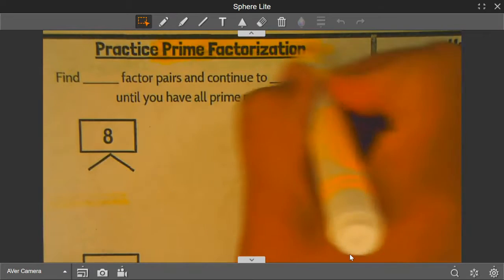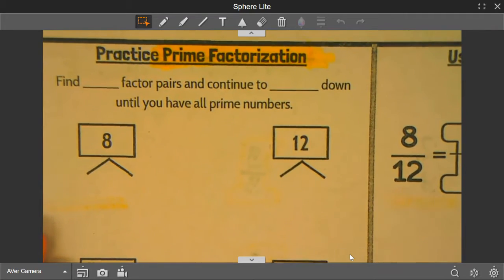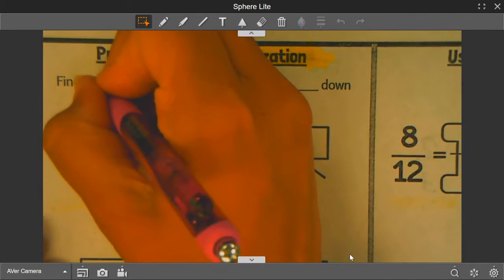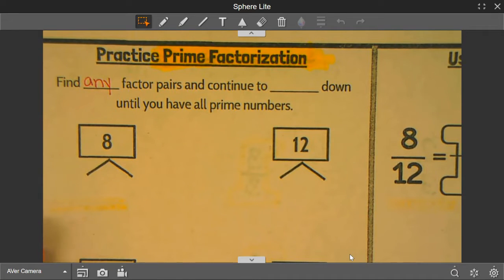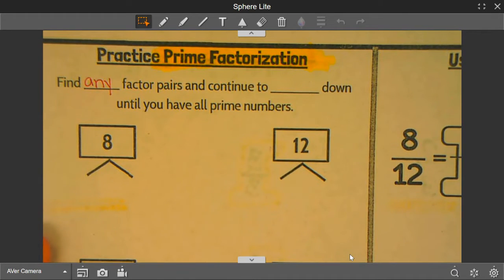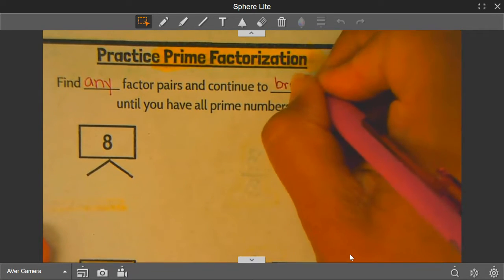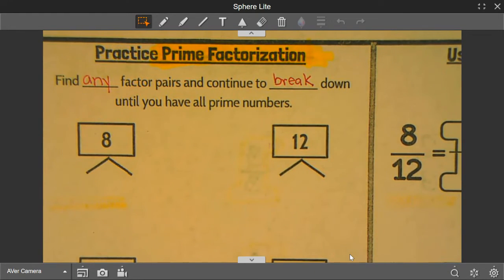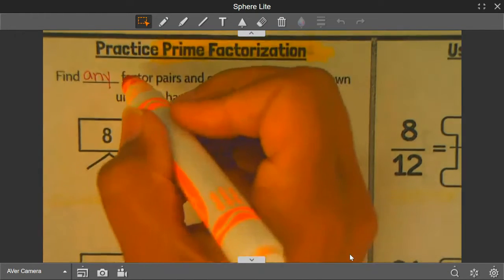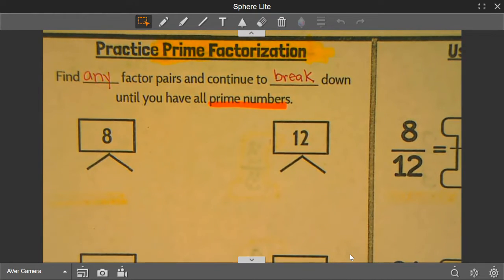We have notes in our notebook, but just a quick reminder that to prime factorize, we're going to find any factor pairs, and we're going to continue to break down until we have prime numbers.